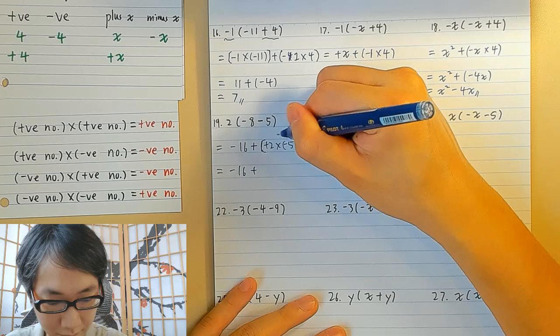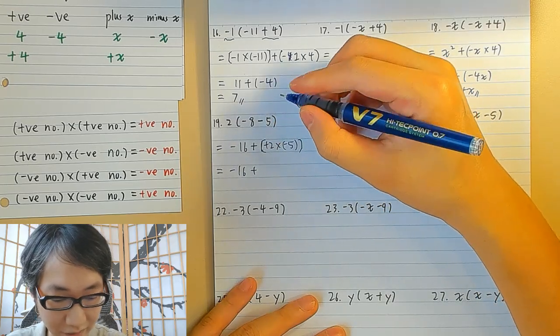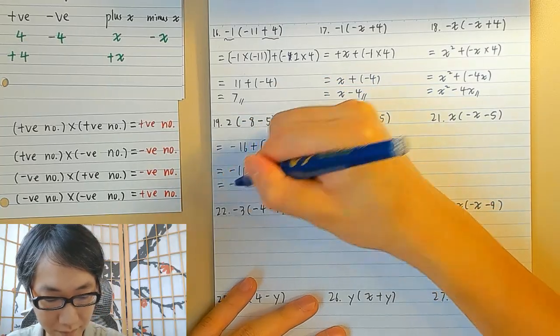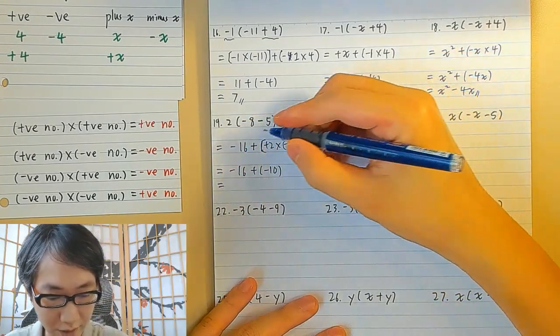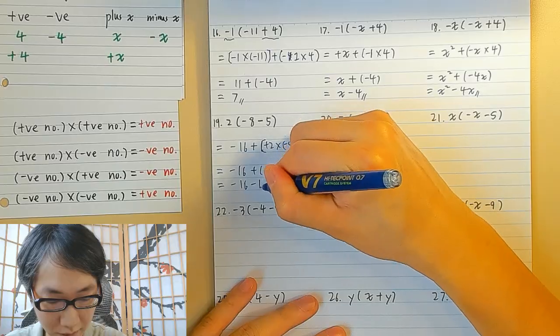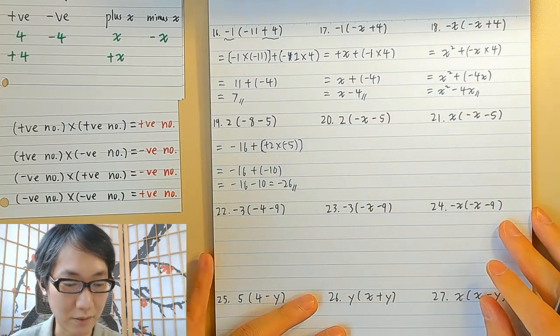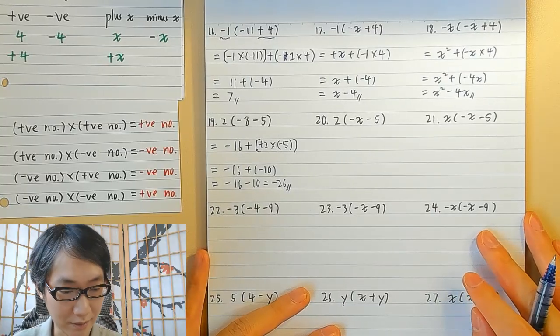And in the mid bracket, we have negative 10. So this will be negative 16 minus 10, which will be negative 26. Okay.